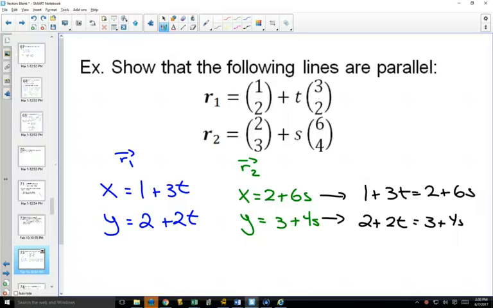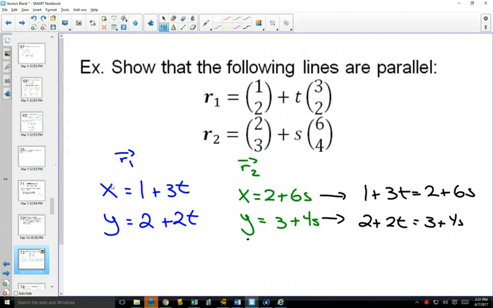So what would you like to use? If these lines intersect, then there would be a point where the y coordinates are the same, and a point where the x coordinates are the same. And if that's the case, then there has to be a t and an s that does that.